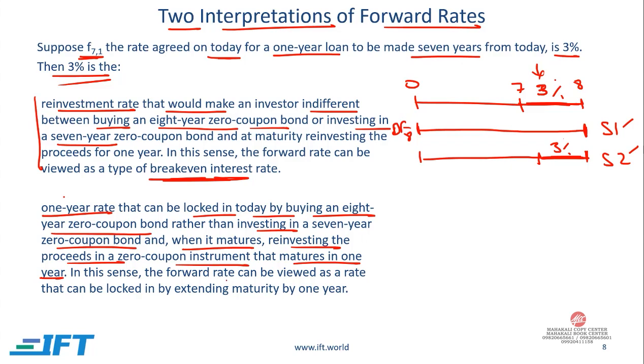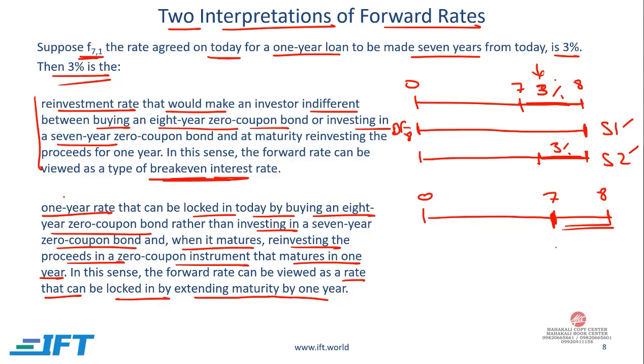In this sense, the forward rate can be viewed as a rate that can be locked in by extending the maturity by 1 year. So an investor could buy a 7-year bond and then receive proceeds over here at the end of 7 years and then invest for another 1 year.